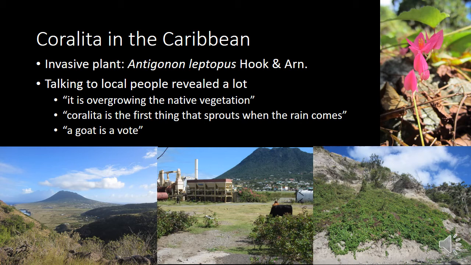They told me, well, it overgrows the native vegetation. This I had heard before. But they also told me that it's the first thing that comes up again when the rain comes. It's a drought-resistant plant. That's basically what they said. And another thing that you heard across the island was: a goat is a vote. Now this I'll clarify.